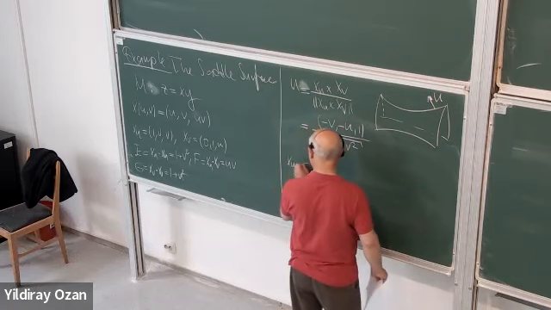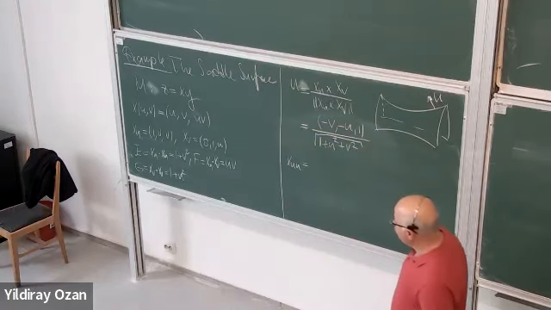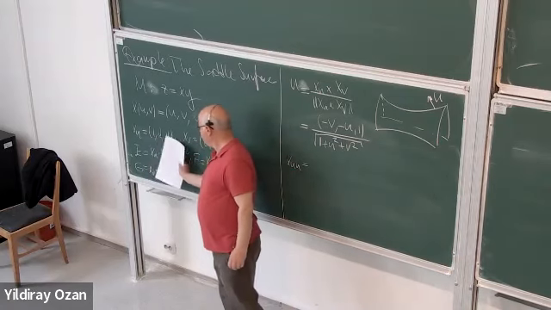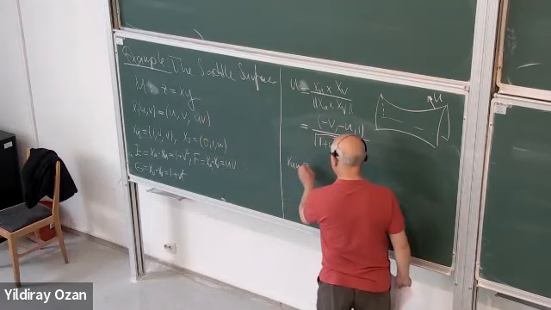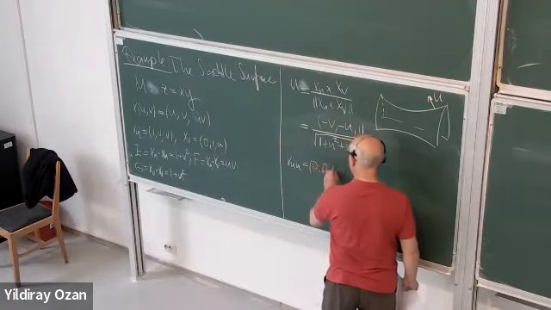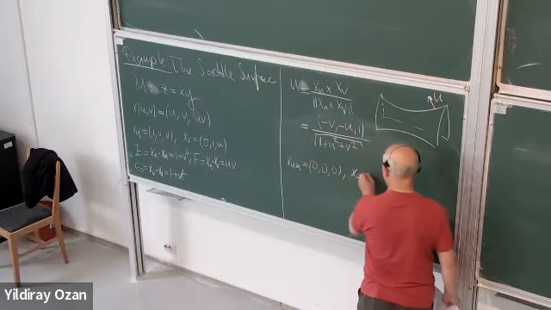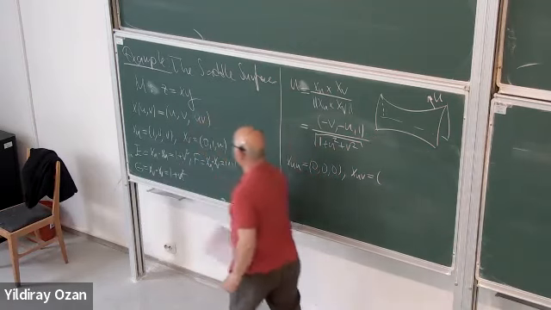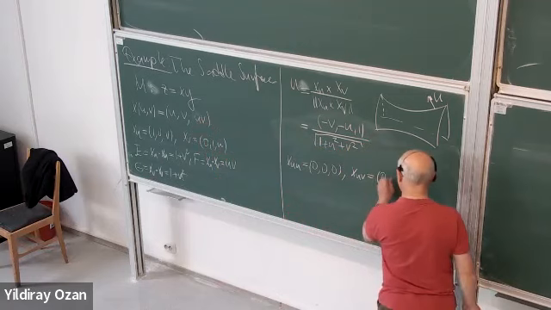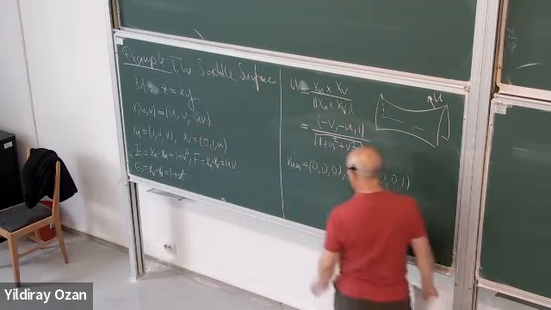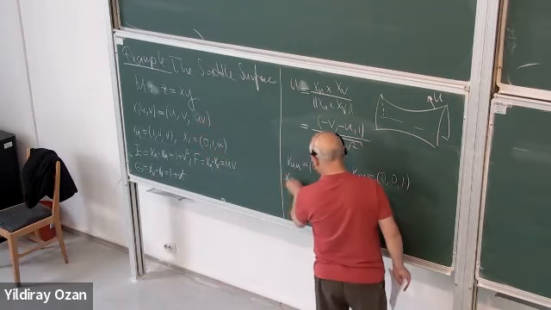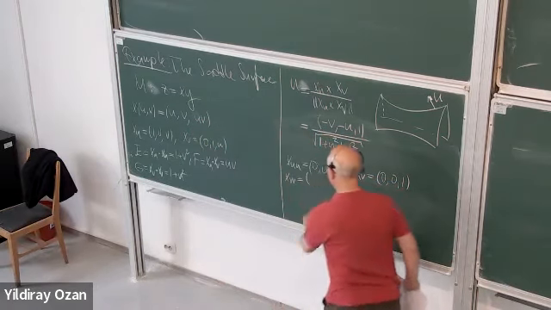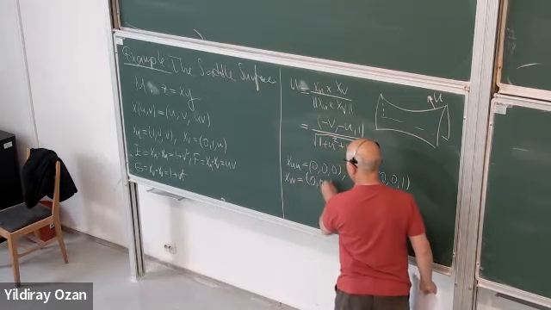What is x sub uu? I take the derivative of this with respect to u. There is no u here, so this is just the zero vector. x sub uv, I take the v derivative of this, so it is 0, 0, 1, and x sub vv, the v derivative of this expression, that is also 0.